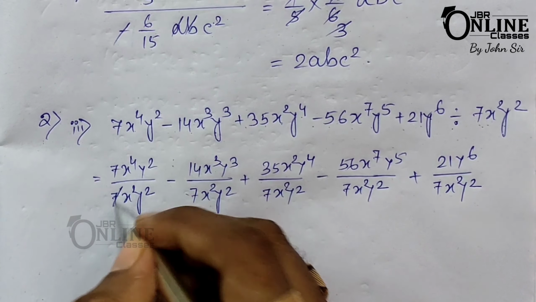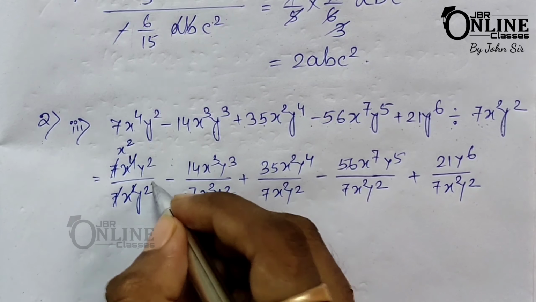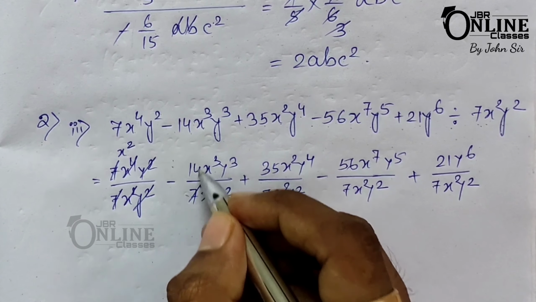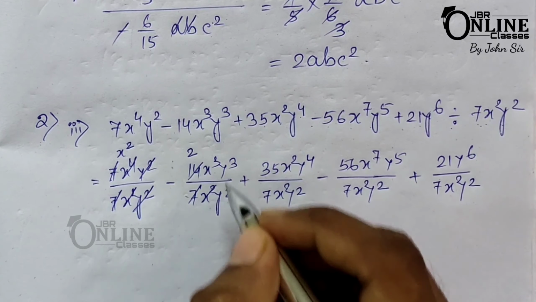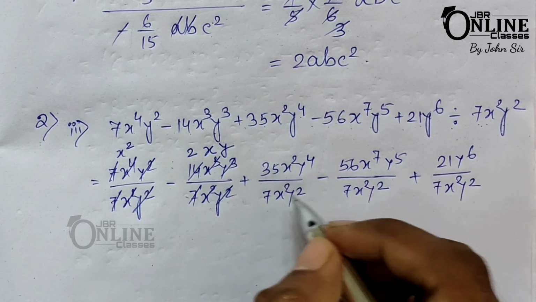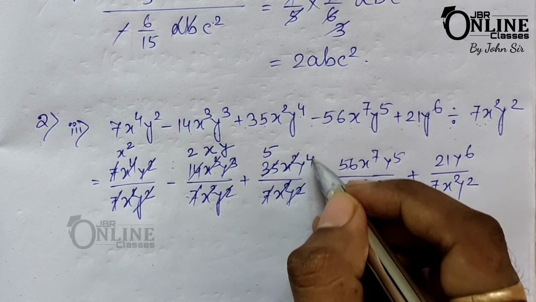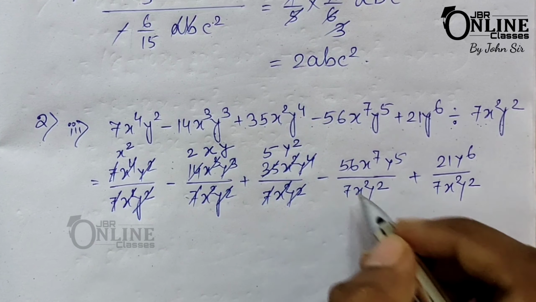Okay, now next 7 cancel out, x square x to the power 4 x square y square cancel out. Next 7 14 2, x square x cube, it becomes only x, y square y cube only y. 7 5s are 35, x square cancel out, y square y4, so it becomes y square.